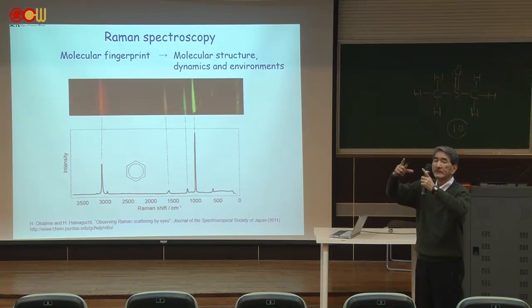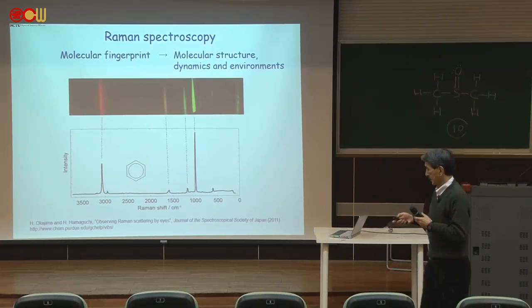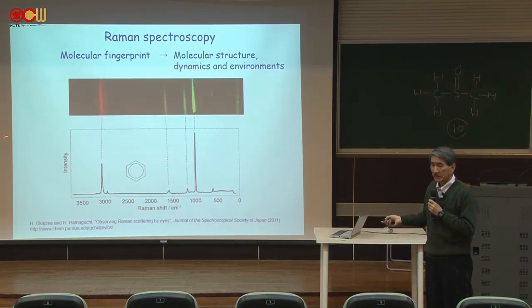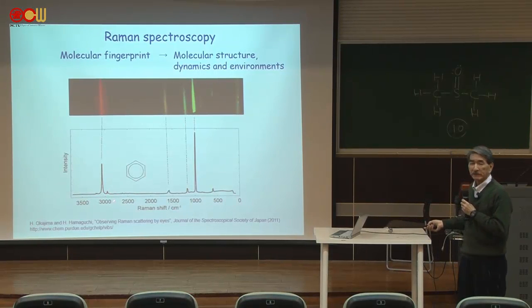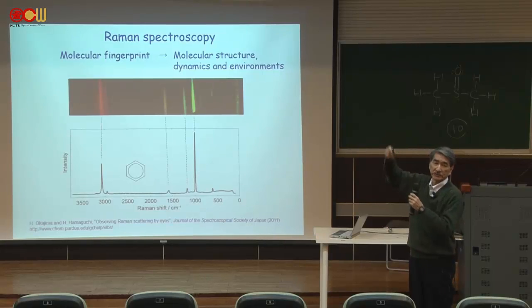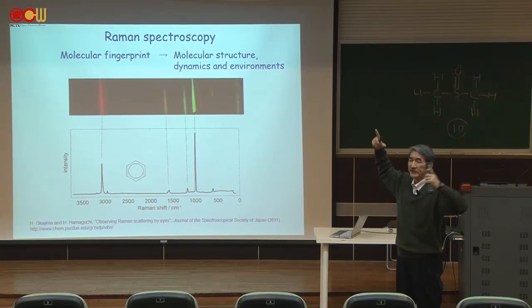Breathing means the whole benzene ring vibrates like that. And here you have another strong band, which has a shift of 3,000 wave numbers that comes from the CH stretching motion. So benzene has 6 hydrogen atoms. It stretches like that.